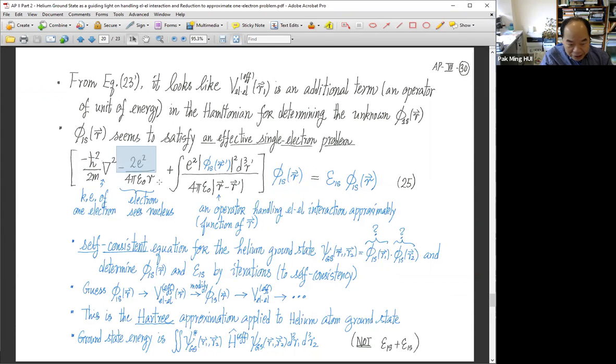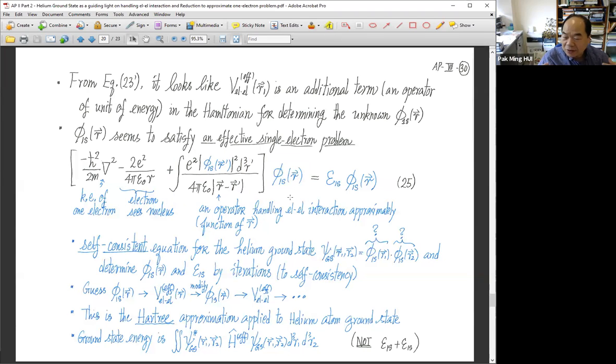One electron sees the nucleus, so the first two terms are ordinary and can be solved exactly. It's hydrogen-like. And this term is what we just discussed. It includes the effect of the other electron in the helium atom on the one that we focus on. So it is in some unknown state to be solved, okay?